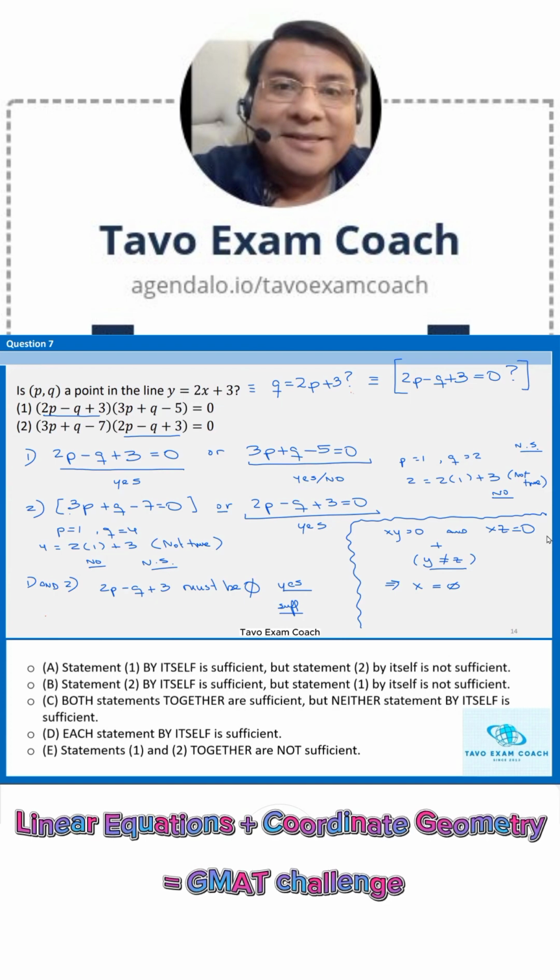So here you can notice that in the analysis of statements 1 and 2 together, 3p plus q minus 5 equals our variable y, and 3p plus q minus 7 is like our z. And we know that these two expressions must always be different, because if we subtract 3p plus q on both sides, we get that negative 5 is different from negative 7 always.